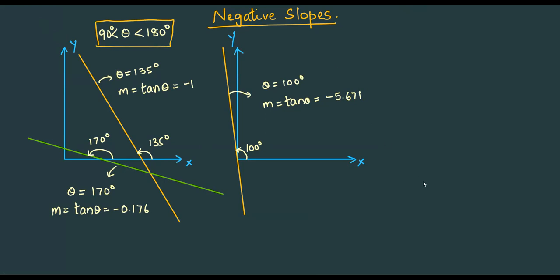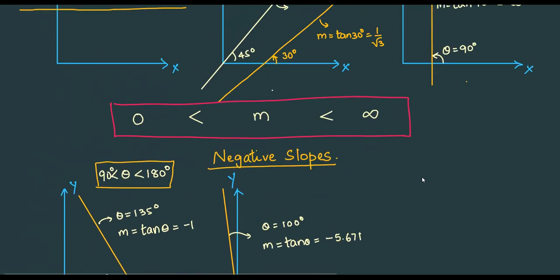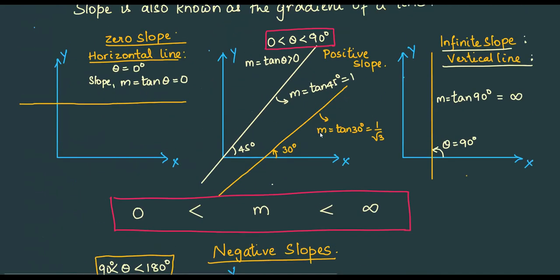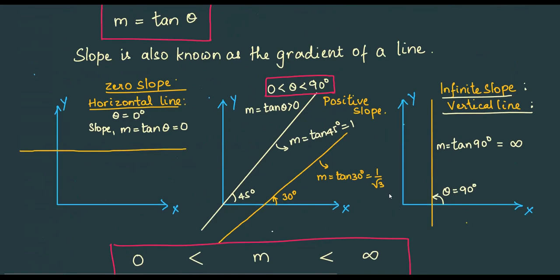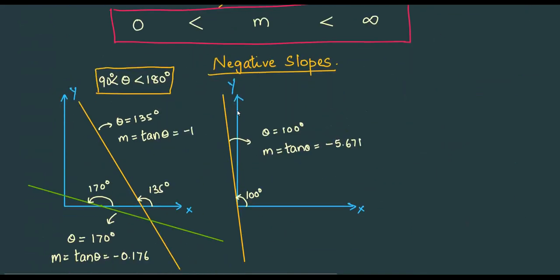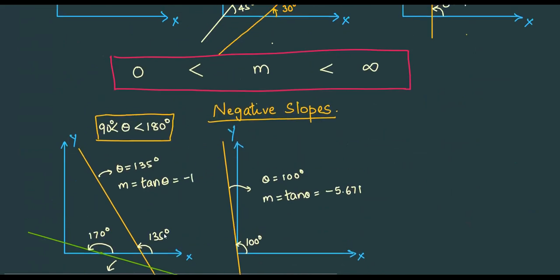Now what does this represent? The slope or the gradient? This was just the numerical understanding of how the slopes change from positive value, 0, positive, and infinity, and then again from minus infinity to 0.